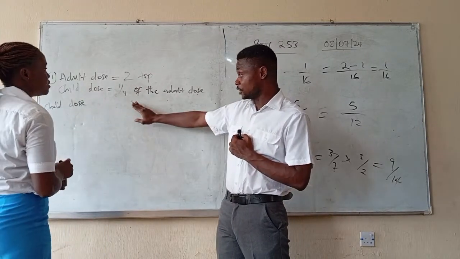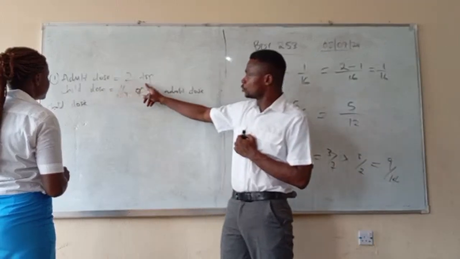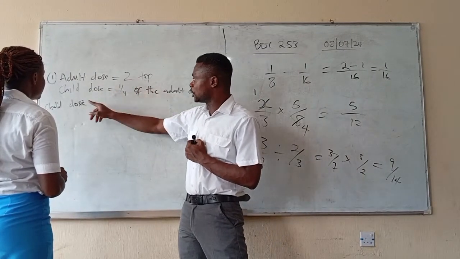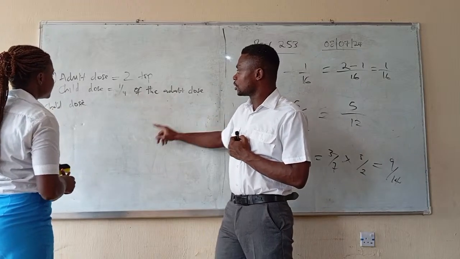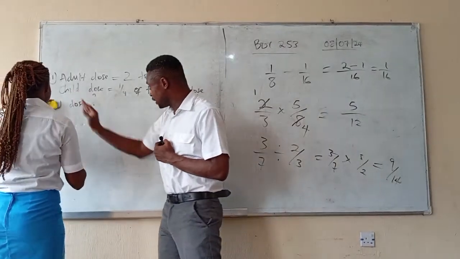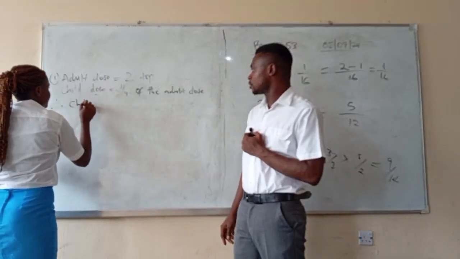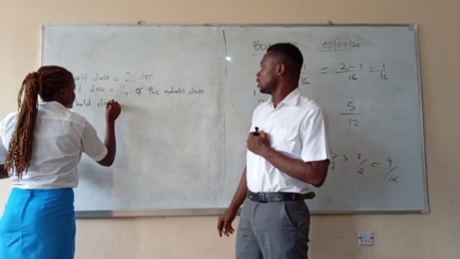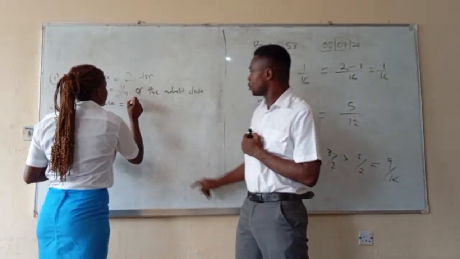What you did is not wrong, but I want to say something. Adult dose is 2 TSP. Child dose is 1/4 of the adult dose. Therefore, child dose is equal to 1/4.